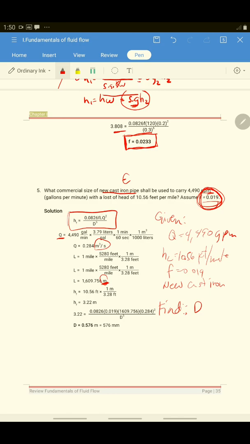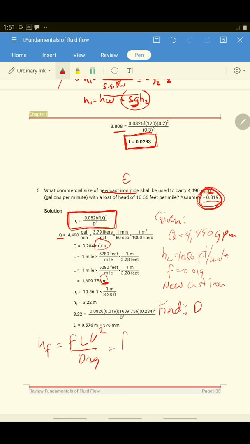But remember this formula is for SI, the metric formula. I guess you can use this also in English, because if we derive it, hf is equal to fL V squared over D2g, so you don't have the units there.